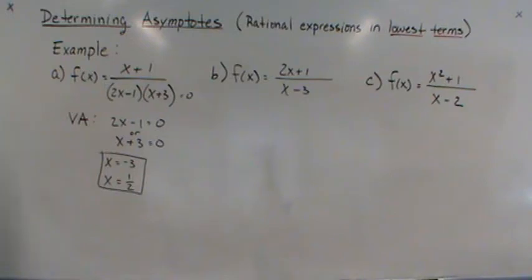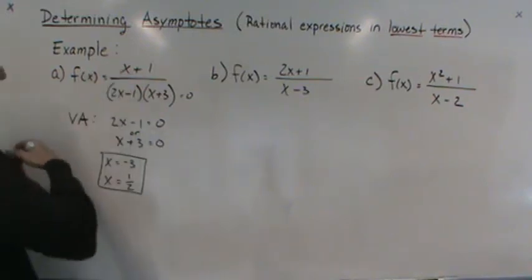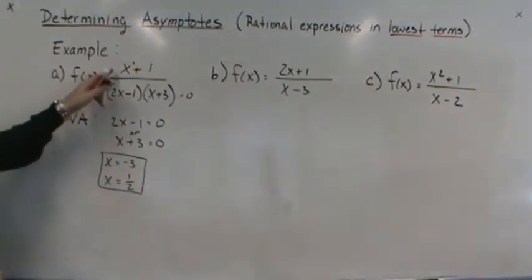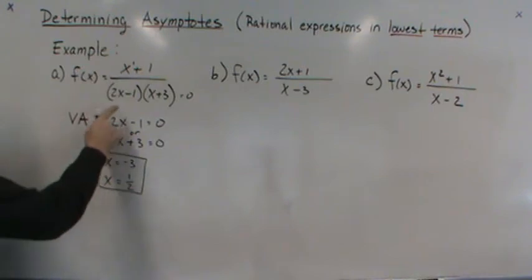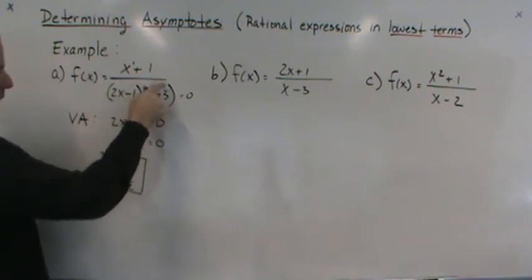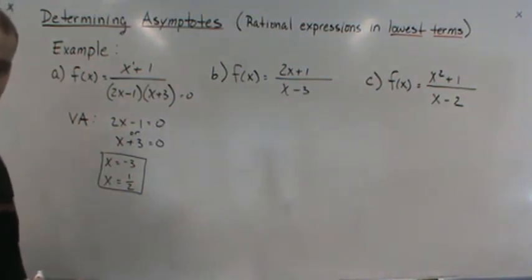Now, if we look at the degree of the top and the degree of the bottom, the degree of the top here is 1, because it's got an exponent of 1. What's the degree of the bottom? If we expand this out, we've got an x here and an x here, which gives us an x squared. This is a quadratic, so the degree is 2.